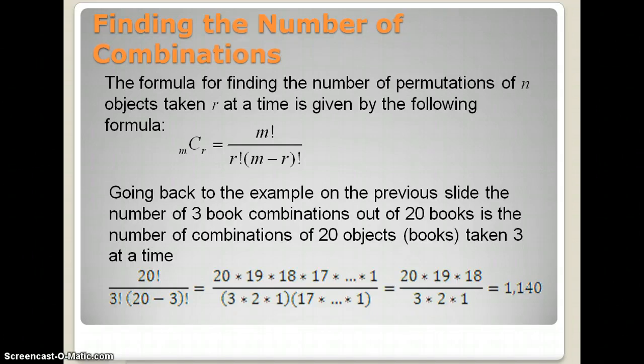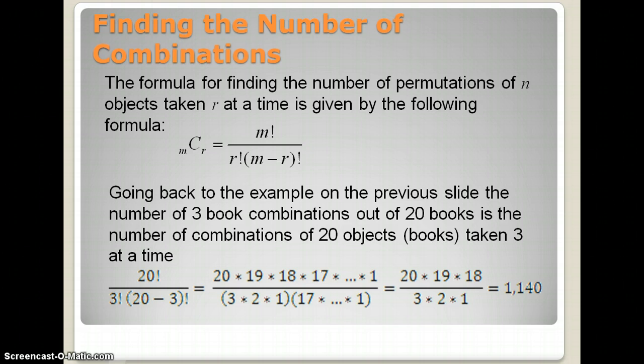In a permutation, they would all be different. Well, if I know that the order is the same for all of them, I'm going to have a lesser amount of choices. That's why I'm adding something, or in this case multiplying something, to the denominator. The bigger the denominator, the smaller your final answer will be.